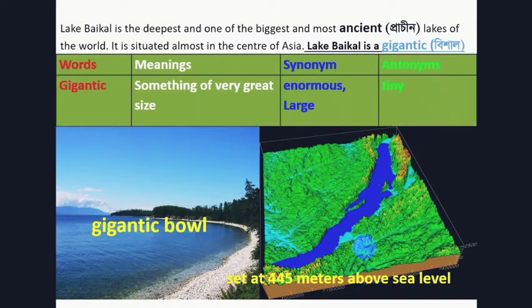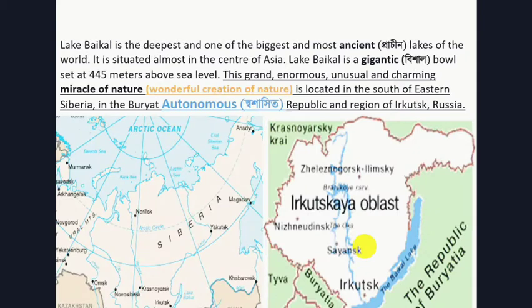Here you see another new word, that is gigantic. The meaning of the word is something of very great size. As a synonym you can use enormous and large, and as an antonym you can use tiny.